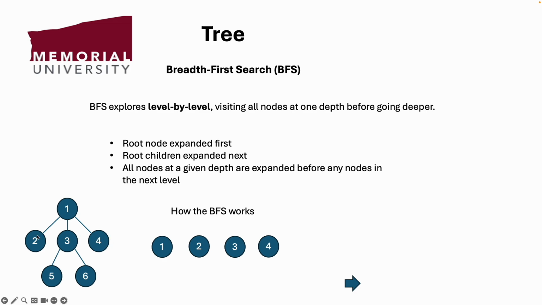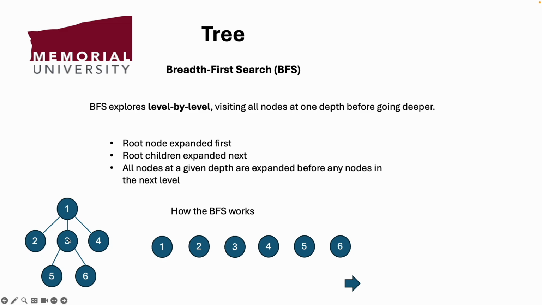Then we look at node 2 and its children. Because node 2 has no children, we visit node 3. Node 3 has children 5 and 6, so we visit 5 and 6.